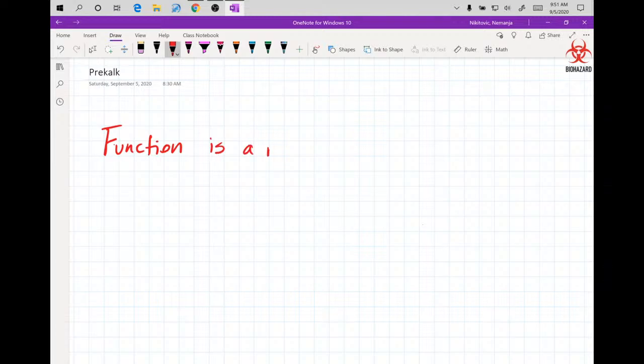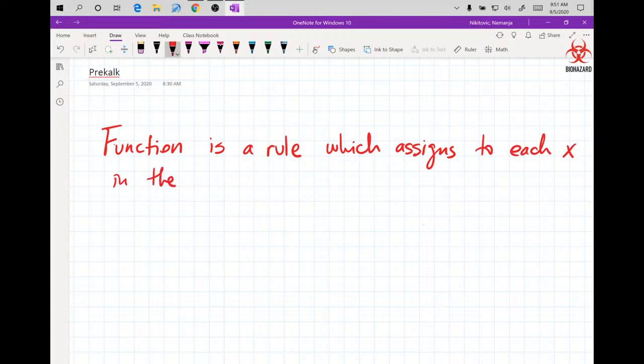A function is a rule which assigns to each x in the domain a unique y in the range.